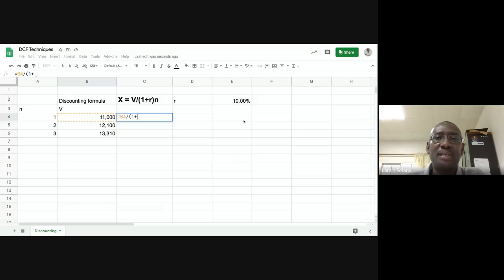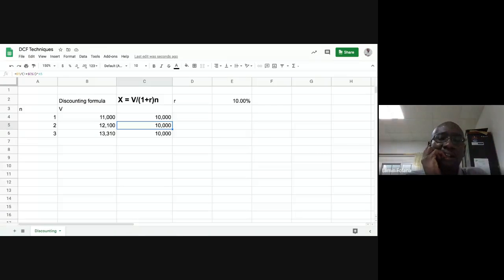The rate is 10%. In my case, 10% is typed here, so I just click on this. Then I make it absolute. I close it. Then I say raised to power 1, for 1 year, I enter. So that gives me 10,000. Once I replicate, it's 10,000 for all of them.